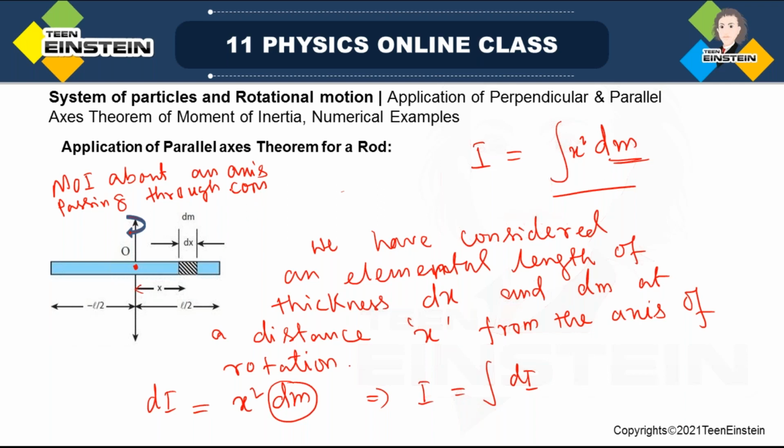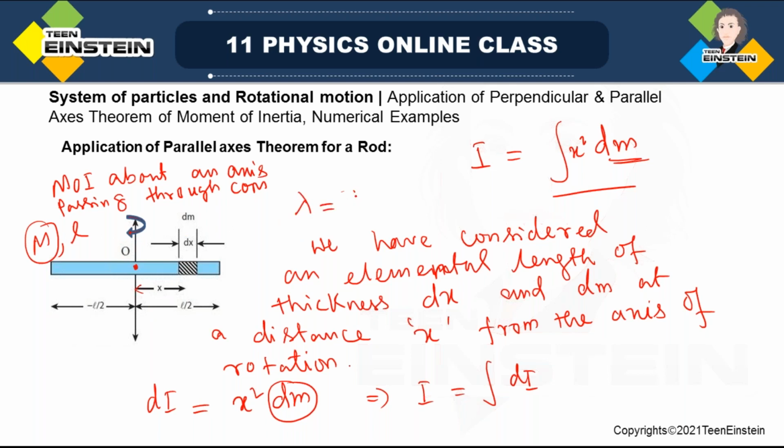Suppose the rod has total mass capital M, and it has length capital L, as you can see from here. So I can find out mass per unit length.